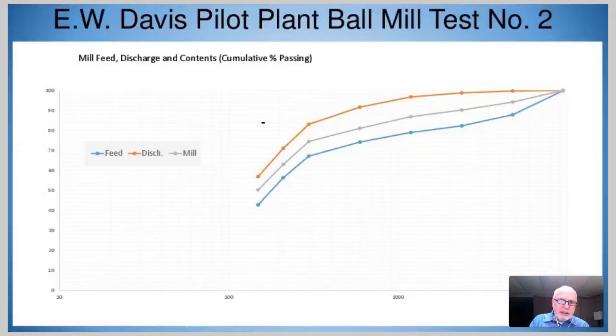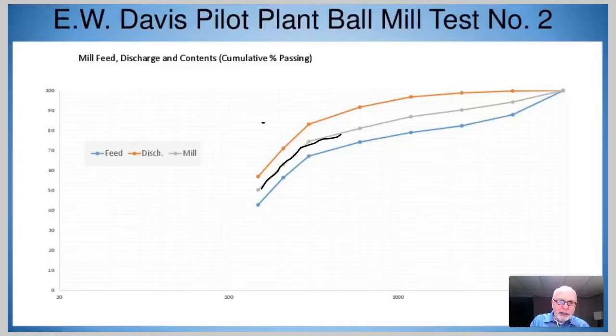So from this, if you compare the actual mill contents, and I'm just overlaying it here with the whiteboard, to the mill feed and discharge, you can see that the mill contents is pretty well represented by the average of what's going in and out of the mill.